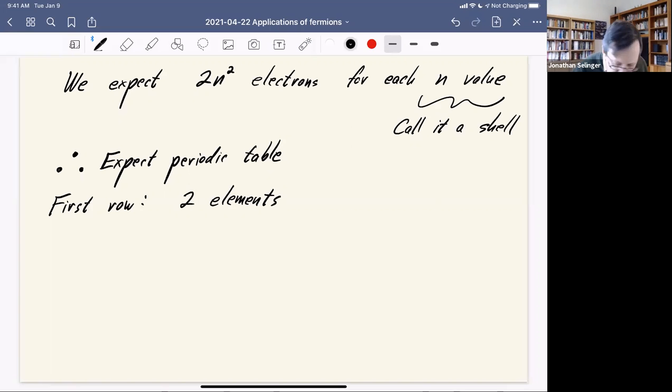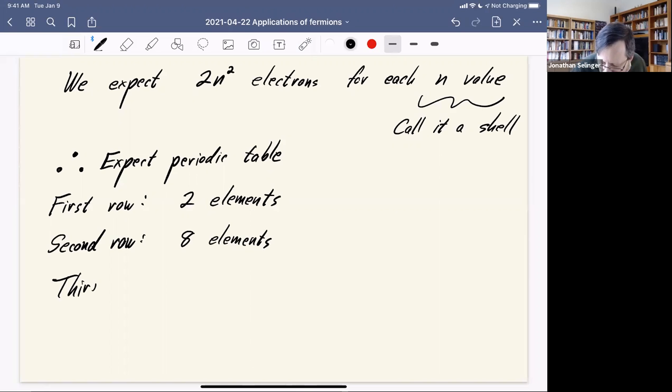And then for the second row, we would expect the elements where we're filling up the n equals 2, right? So 2 times 2 squared, so 8 elements.